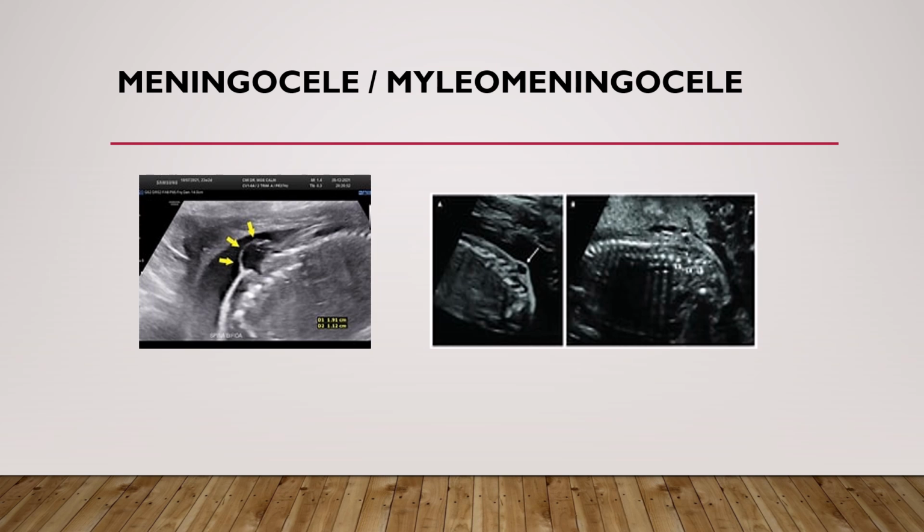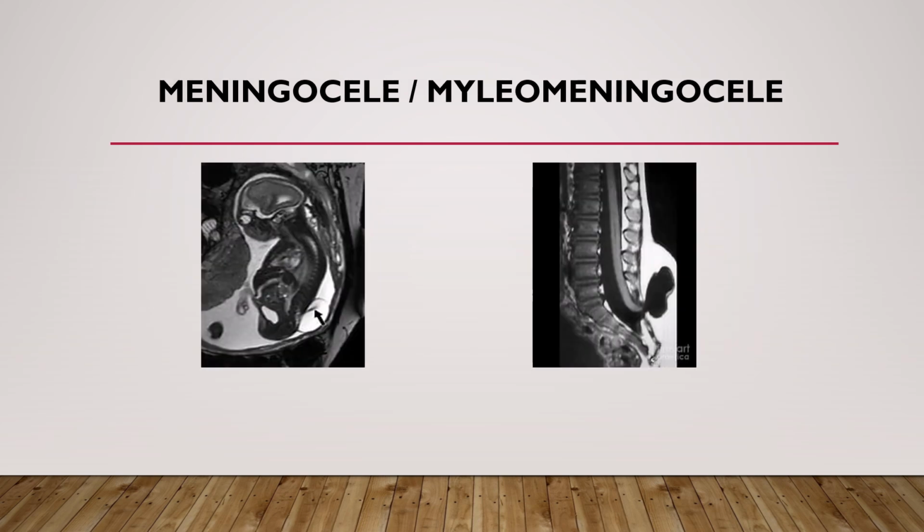Also, there is an ultrasound seeing a defect in the spine and a small sac bulging through it. Also here there is a defect and there is an element extending from the spine outside, maybe myelomeningocele. There is an MR showing a sac expanding from the spine posteriorly, and there is spinal cord element, myelomeningocele.